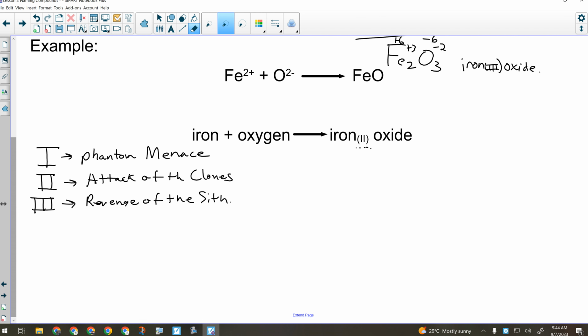When we get to 8, that one will remain nameless. It is the movie that will not be named. Just so you know, because it's awful. So 1, 2, 3, we've got A New Hope, and then the greatest movie ever made, The Empire Strikes Back. If you disagree, you're wrong.